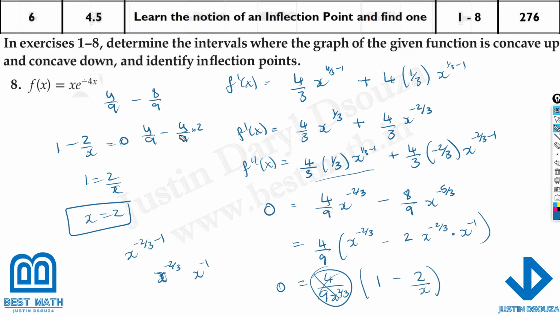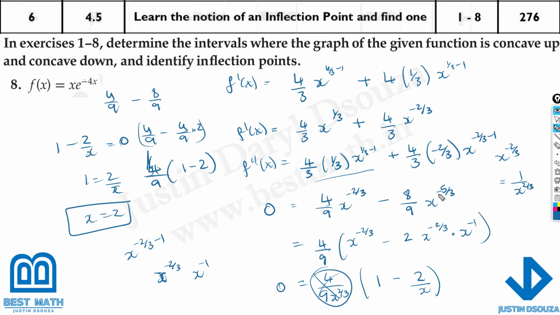Why? Because 4 by 9 times 2 is 8 by 9, isn't it? So I can take 4 by 9 outside and remain with 1 minus 2 for the numbers. Then here we have x to the power minus 2/3, which is basically 1 by x to the power 2/3 itself. I hope this is clear.